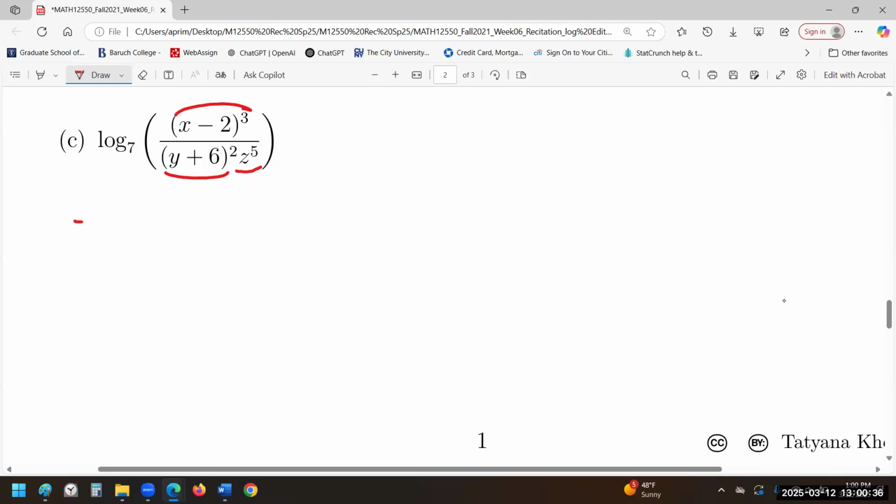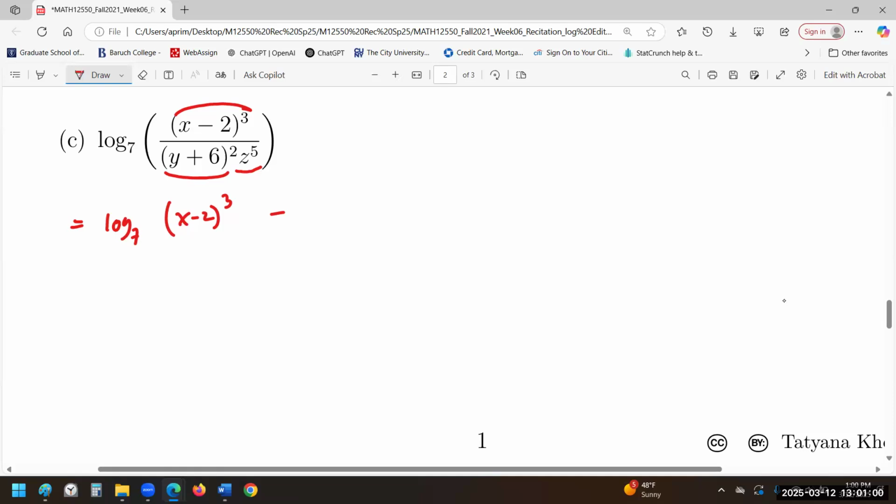So the first step, we have three things. So we're going to write three logs. Log base 7 of the numerator, (x minus 2) cubed. And the numerator doesn't have any other element, so you're going to the denominator.